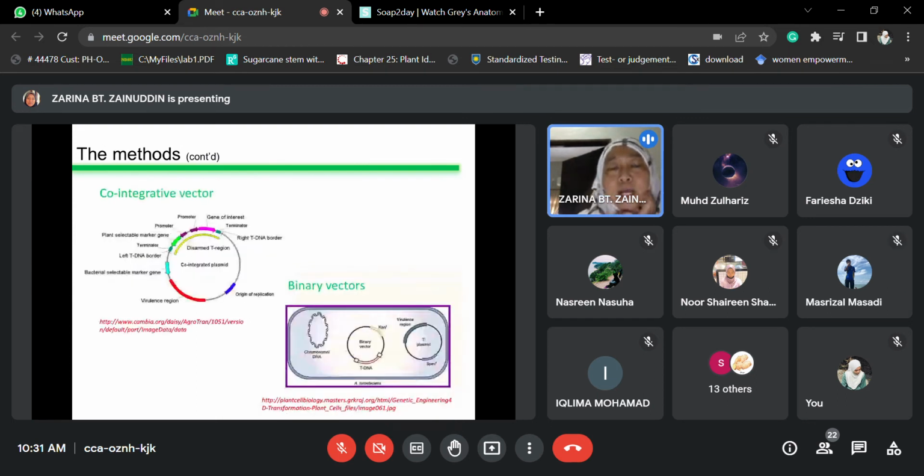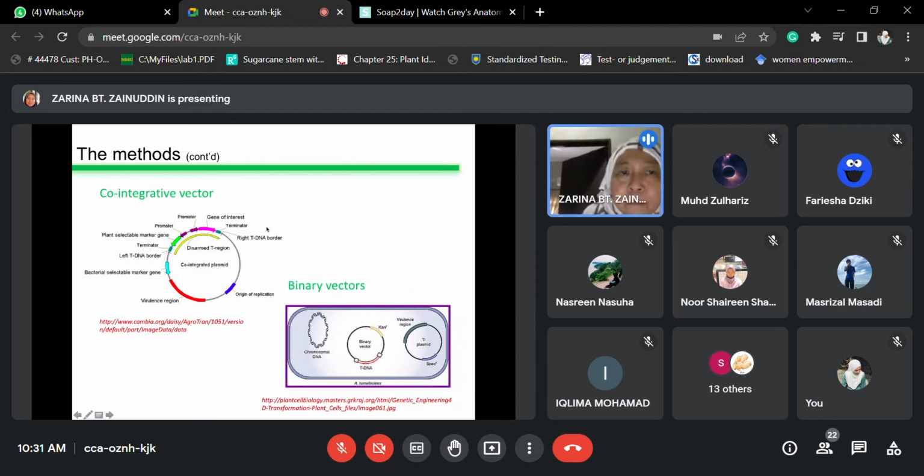Okay, so for transformation using agrobacterium, there are two types of vector. So kita guna one type of vector we call as co-integrative vector, and another type of vector yang sekarang kita guna ialah binary vector.